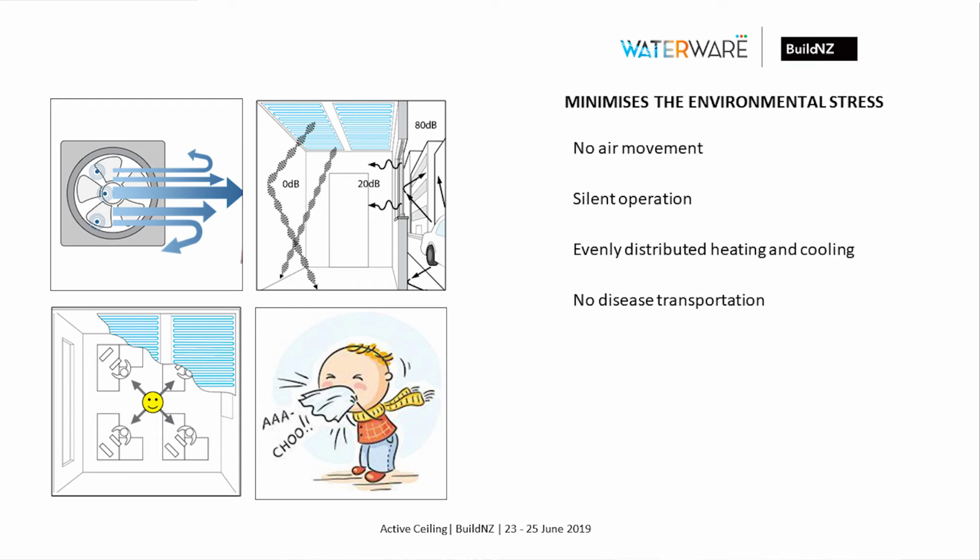We were talking about even distribution of heat. Because we're using the entire ceiling as our heating element, you can't really get away from where the heat or the cool's coming from. So it doesn't matter where you're sitting in the room, everyone has the same experience. And we're not pumping viruses and germs and stuff around the room or from room to room.